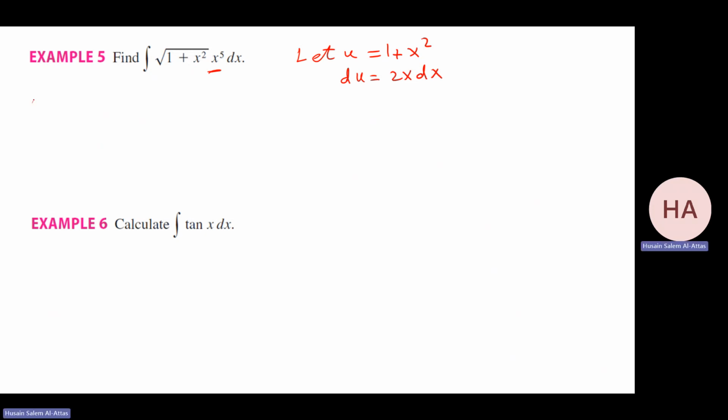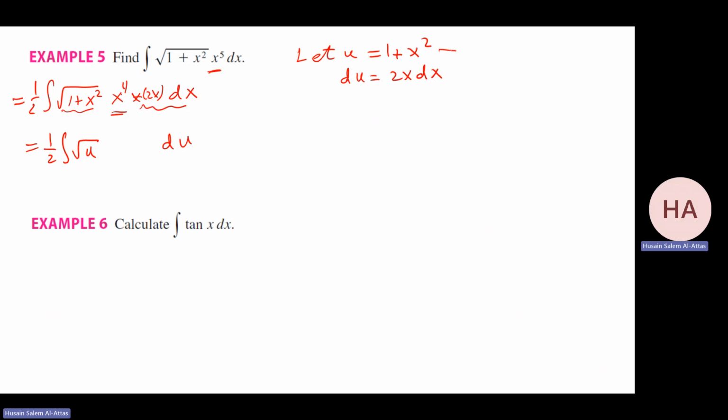So the trick, the idea to make it clear, is that I can write x to the power 5 as x to the power 4 times x dx. Not only that, I can make this 2x, so multiply by half outside the integral. So this is my du, and this is u. So I have half integral square root of u du. What about x to the power 4?